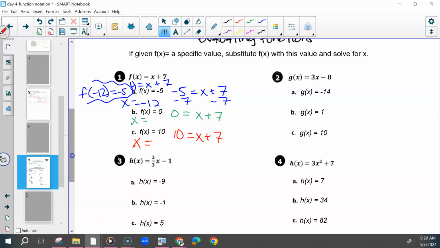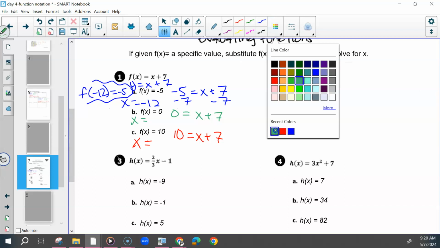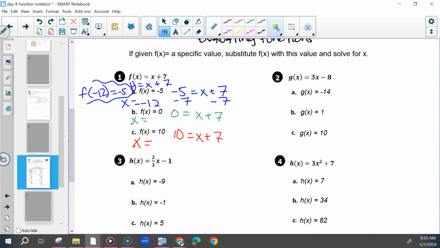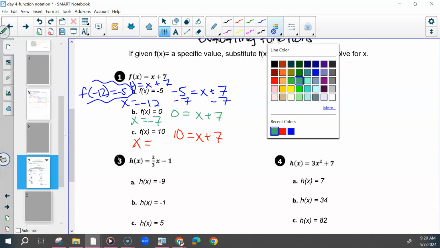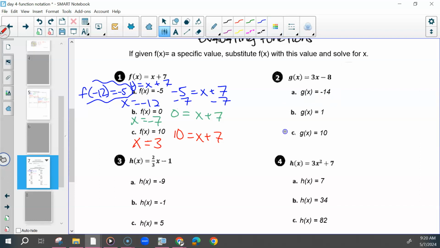What would be 7, positive or negative? Negative 7, because we would have been subtracting. And then for C, 3. Do we have questions on any of those?